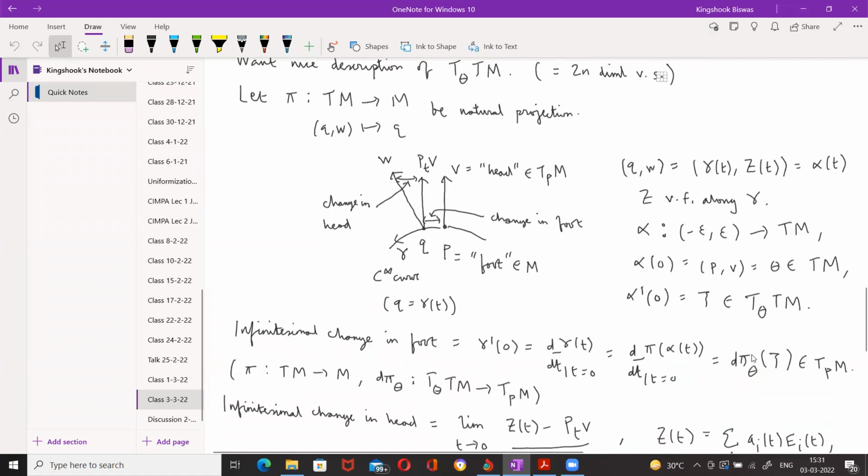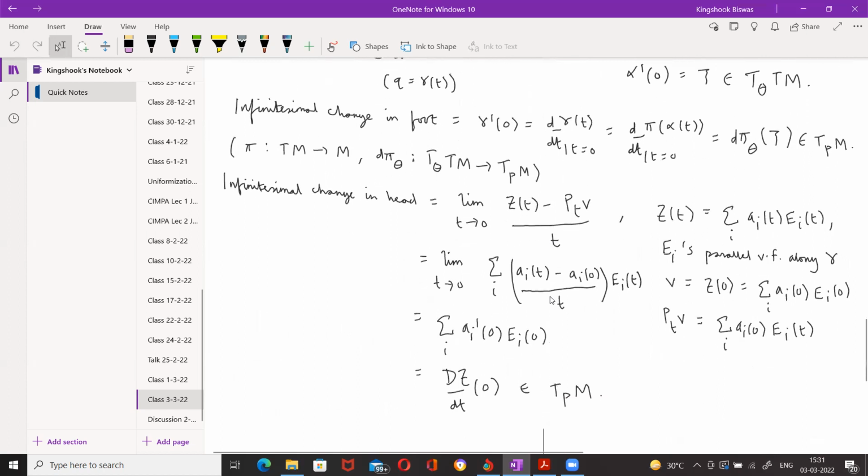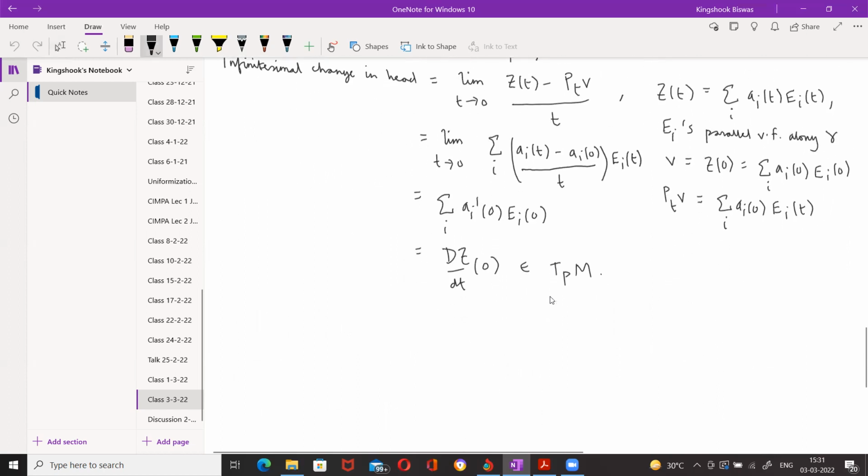So this change in the head leads us to define a map called the connection map. So let theta equal to p v in T_pM.